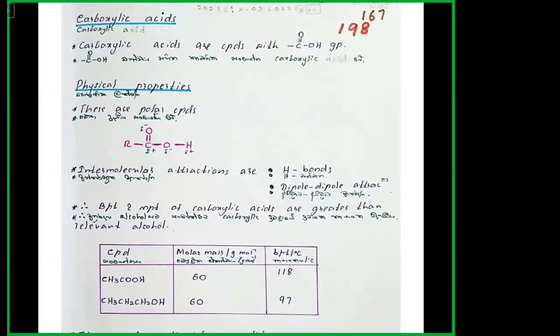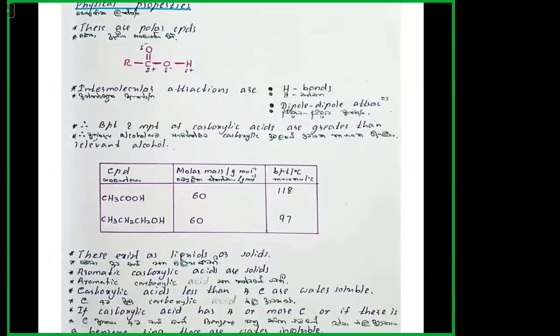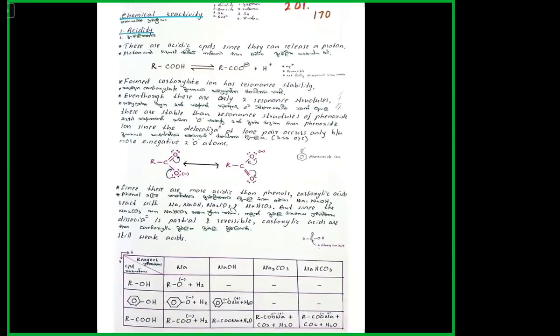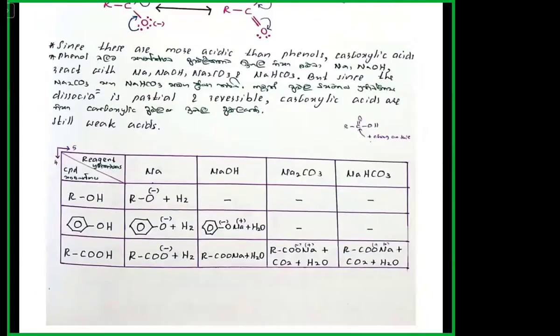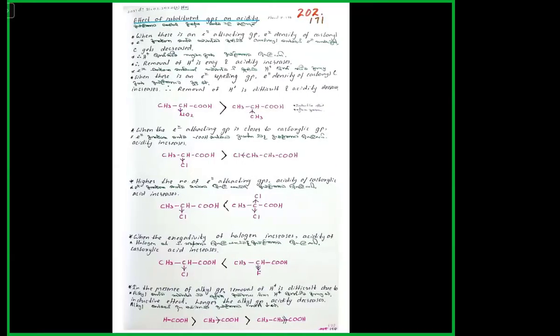Okay, carboxylic acids, COOH, hydrogen bonds, that part. Then the first reaction is acidity. These are the strongest acids in organic chemistry. So they react not only with sodium and sodium hydroxide, carboxylic acids also react with sodium carbonate and sodium bicarbonate as well. When electron attracting groups are joining, acidity is high.